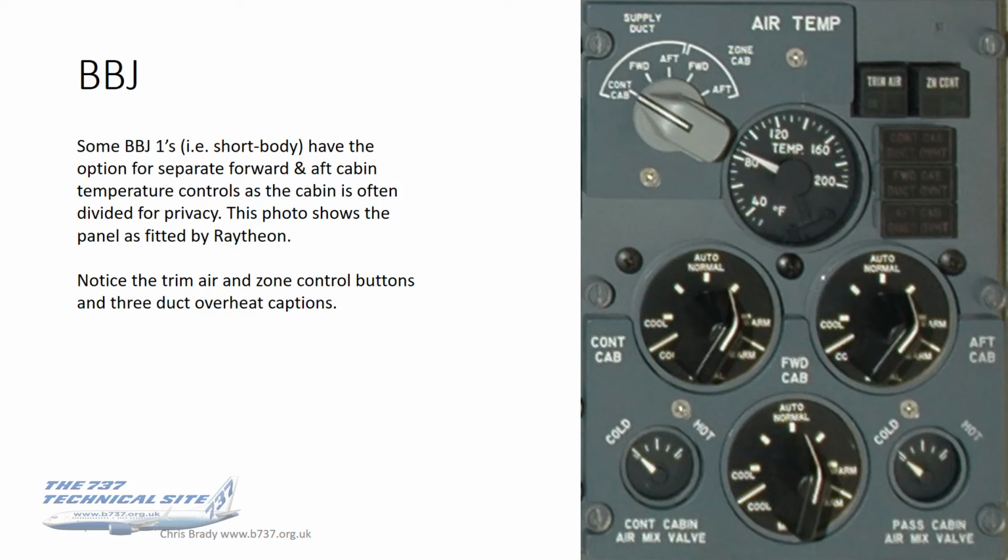So there was a greater degree of temperature control required, and this photo shows a panel with the retrofit done by Raytheon, and you can see that we've got the 3-zone temperature controllers of the long body. We've got the mixed valve positions of the short body, and up at the top right we've got trim air and zone control switches that again you would only see on long body. So it really is a hybrid system.